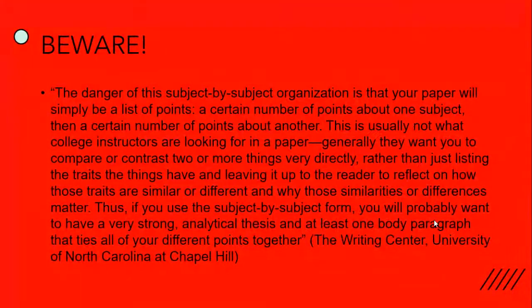But beware, the danger of this subject by subject organization is that your paper might simply be a list of points, and this is always an issue, and it's an issue that I saw in a number of papers that strove to do this kind of subject by subject structure.